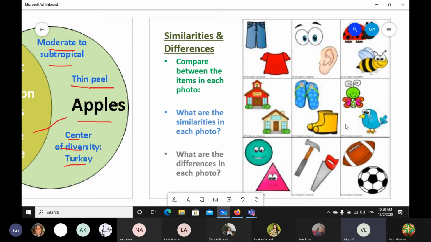Vicky. Yes, teacher. Okay. What about the color? The color of the bird and the butterfly. The bird is blue. However, say it. However. Say however.